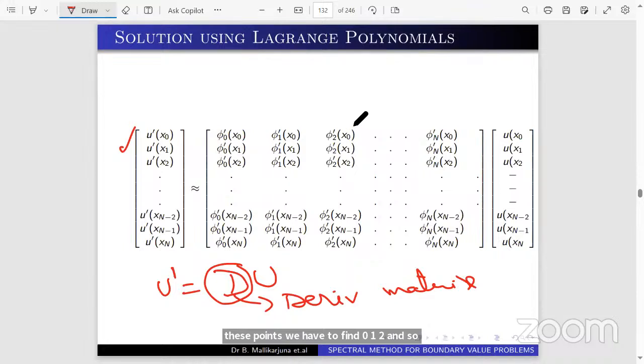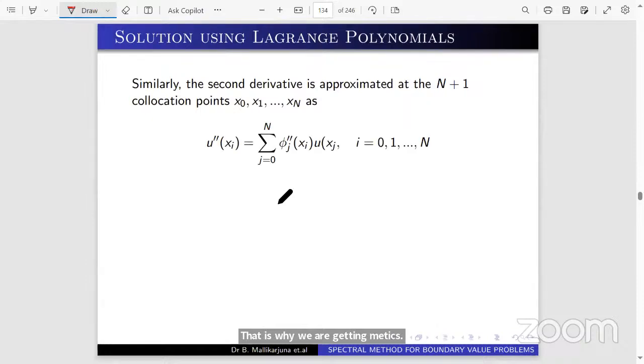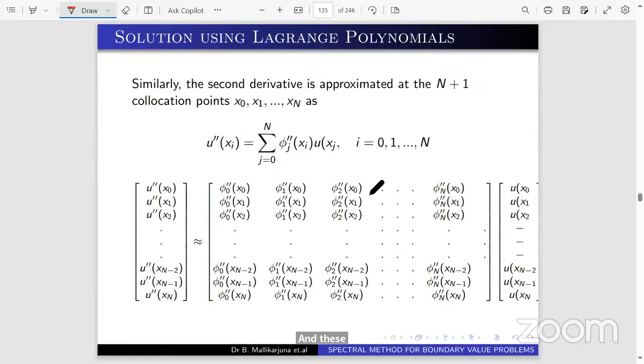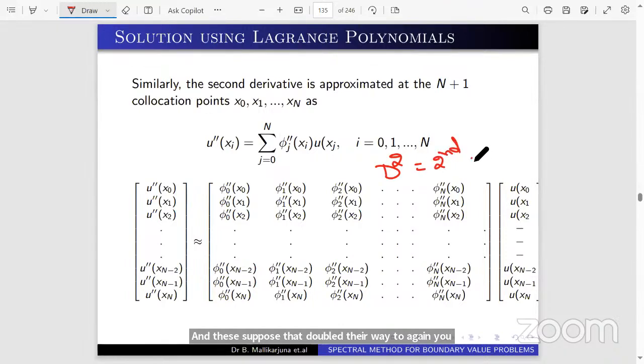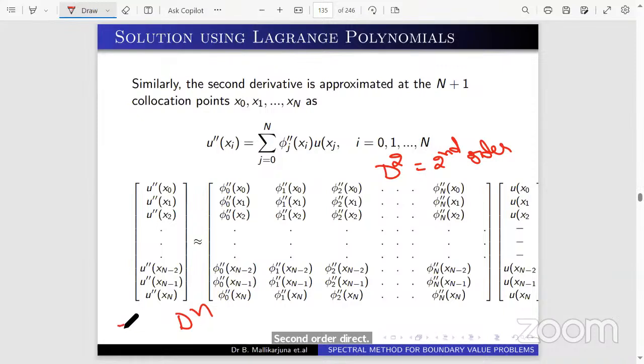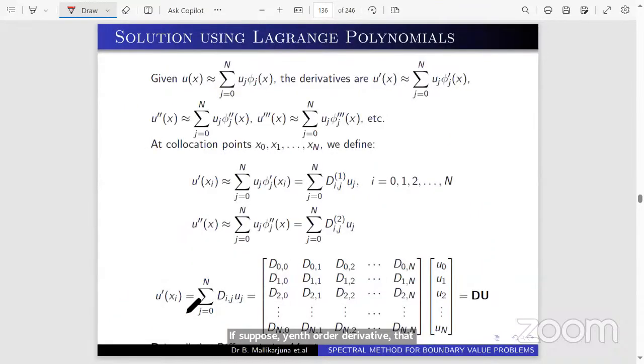That is why we are getting a matrix. And suppose a double derivative, again you will get d square, which is nothing but the second order derivative. If it is the nth order derivative, you will get d power n, like this.